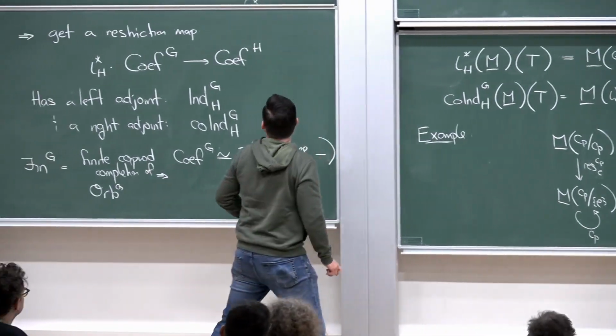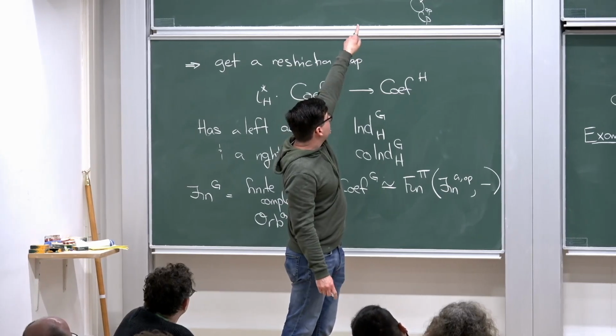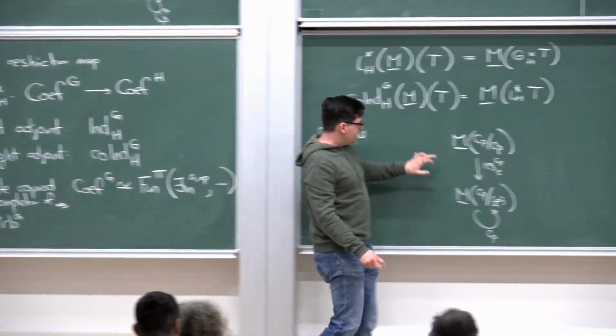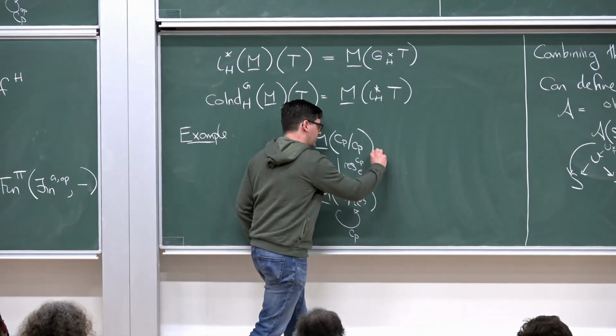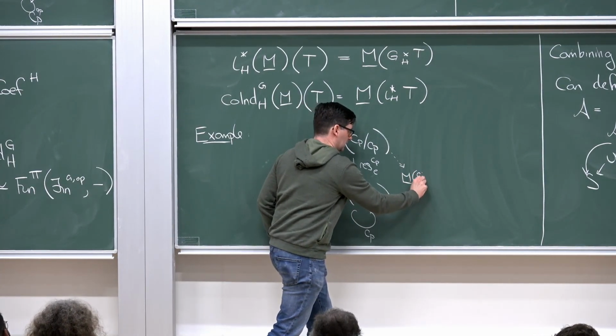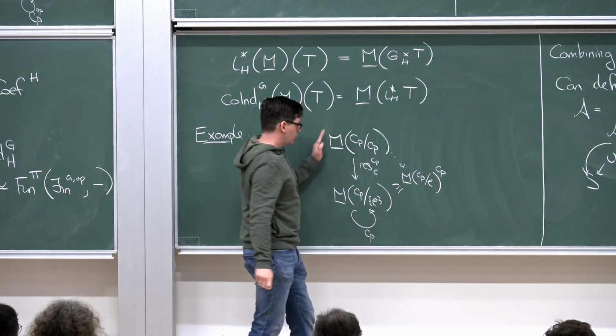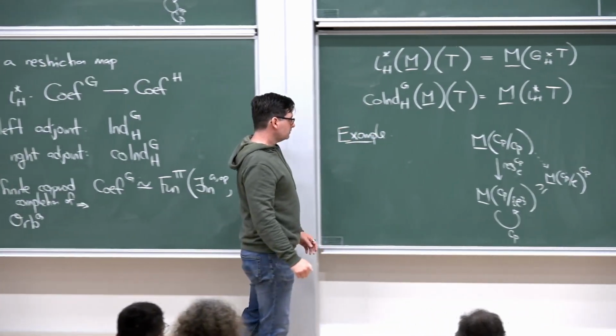And the fact that here I had a unique map down to a point told me that this part actually factored through the fixed points. So here I have the CP mod E, the CP fixed points, and the restriction actually landed inside there.